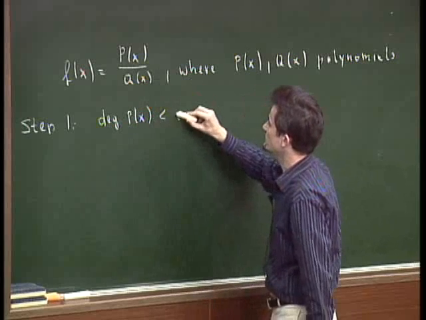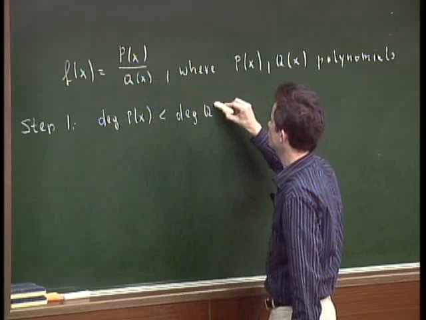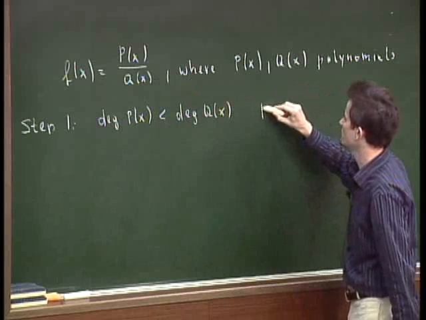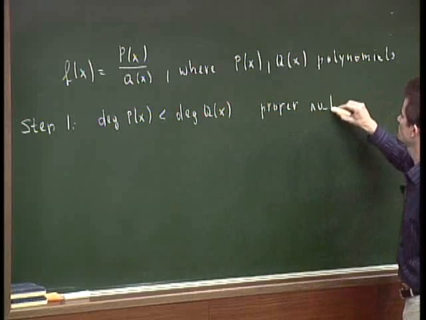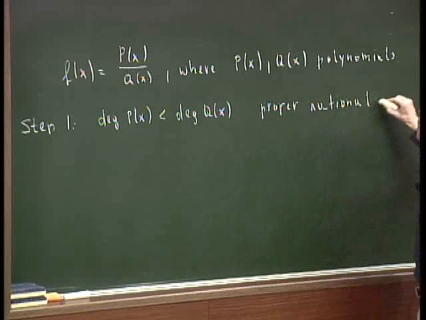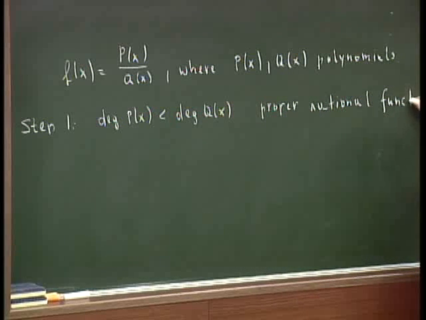If the degree of p(x) is smaller than the degree of q(x), then we have a proper rational function. Otherwise, the rational function is improper.